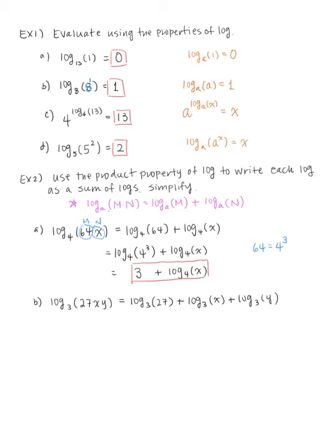Alright, the first step is done. Now log base 3 of x and log base 3 of y, there's nothing else that we can do, so let's leave them alone and take a look at log base 3 of 27.